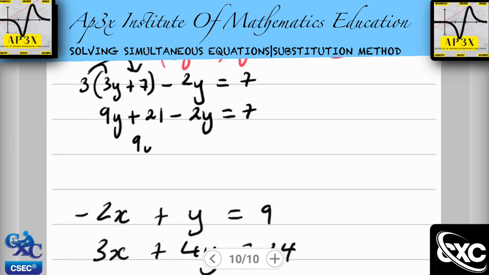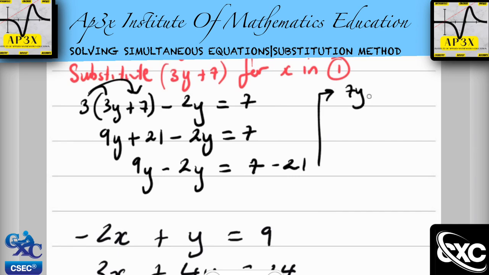So I have 9y minus 2y, and that's going to be equal to 7. I'm going to subtract 21 from both sides, or transpose 21, it becomes negative 21. So 9y minus 2y is 7y, and 7 take away 21 is in fact negative 14.